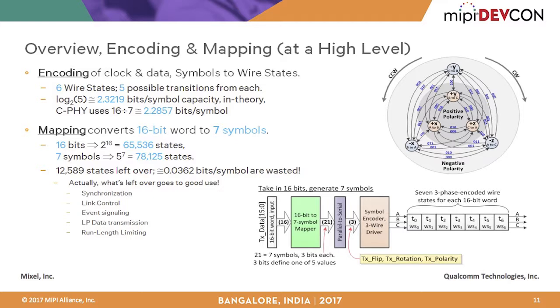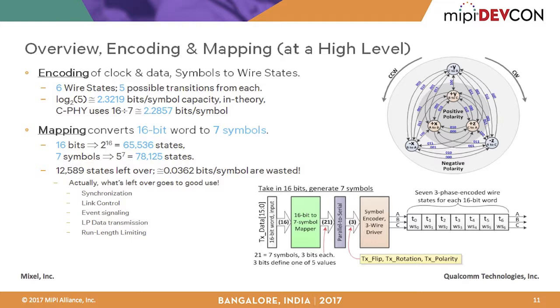Now, why 7? Why 7 symbols? Where does that come from? So this is where the mapper comes in. You have a mapper that maps the binary to the C-PHY signals that the C-PHY can understand. At the input of the mapper, you have 2 to the 16 states. And at the output of the mapper, you have to have the same number or a larger number to be able to map it.